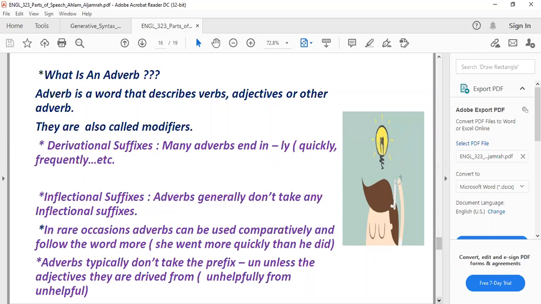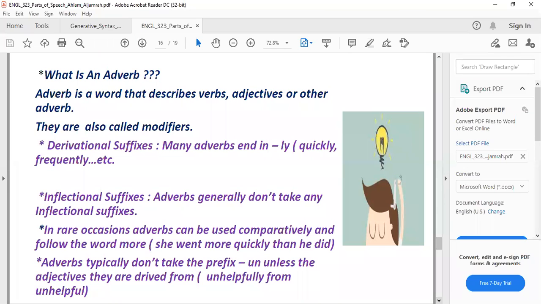On rare occasions, adverbs can be used comparatively and follow the word more. She went more quickly than he did. In this case, the adverb quickly modifies what? Yes, it modifies the verb went. Excellent.